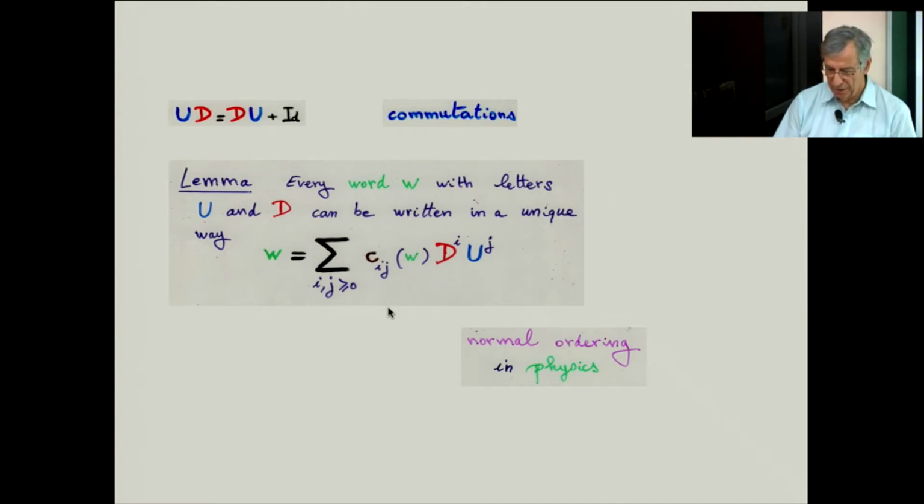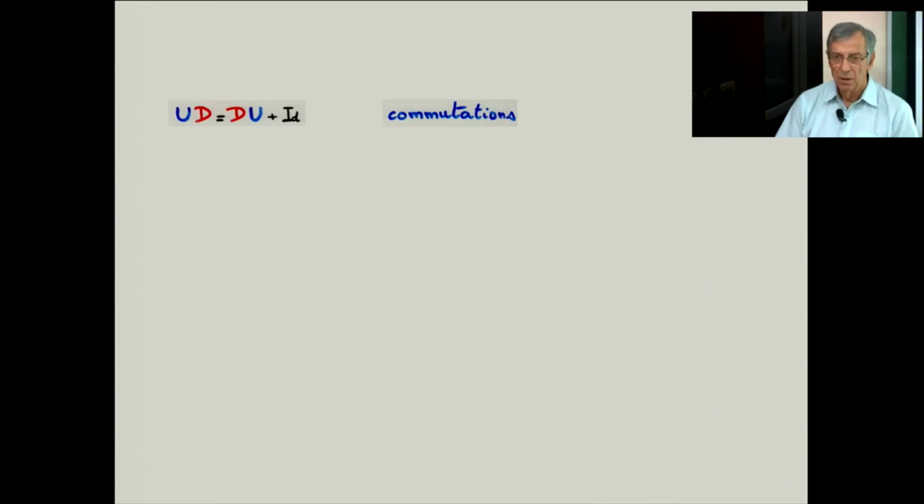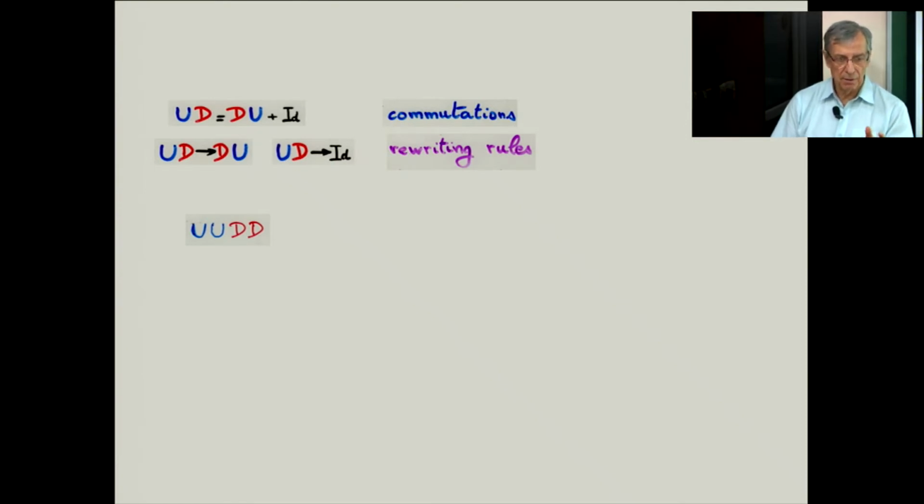So let's give an example of this polynomial. Let's take the word UUDD. What we are going to do is replace the commutation relation by a rewriting rule. So you apply the commutation only in one way.